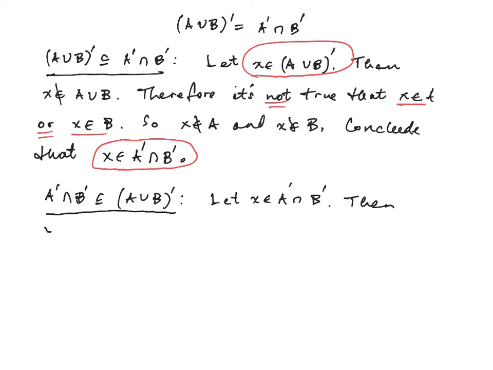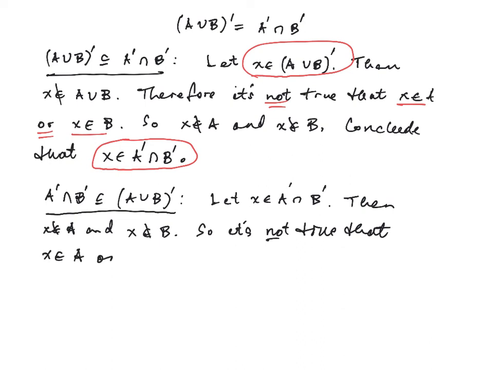That means that X is not in A, and X is not in B. So it's not true that X is in A or X is in B. So X is in the complement of A union B.